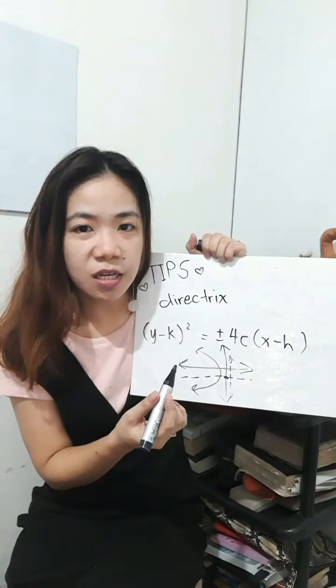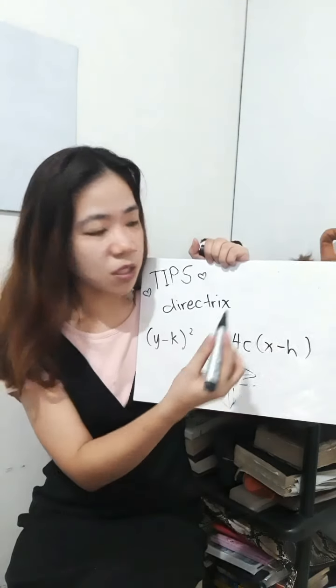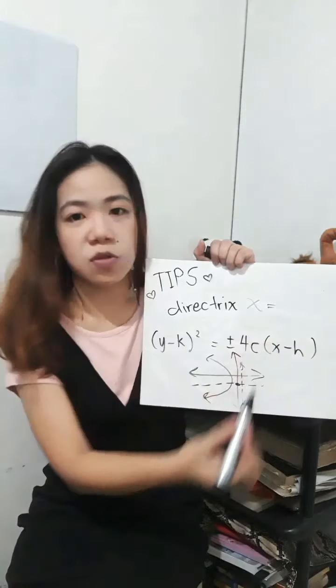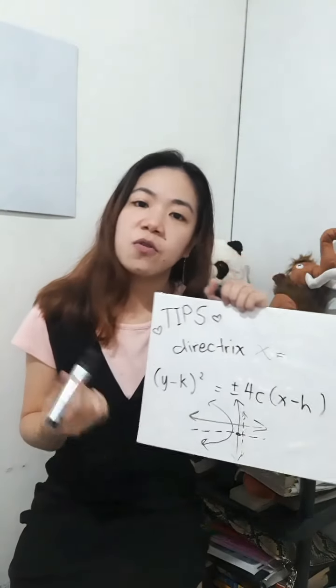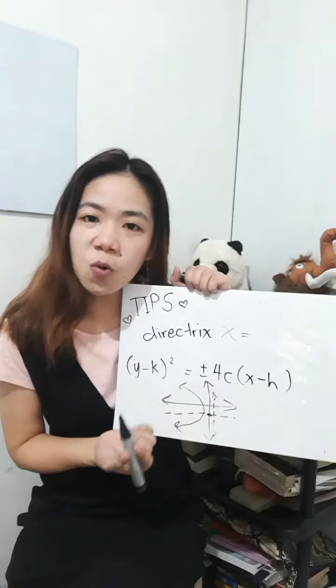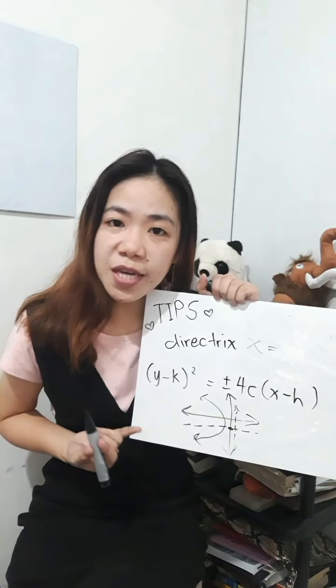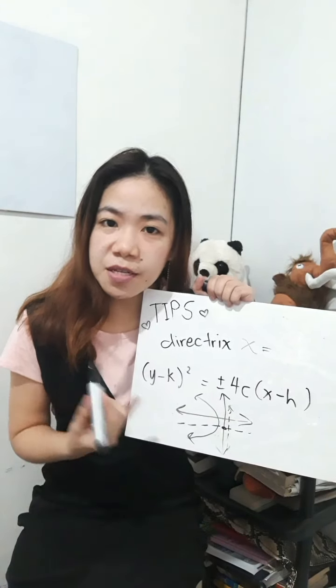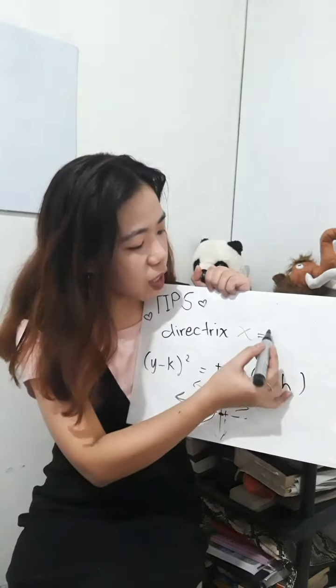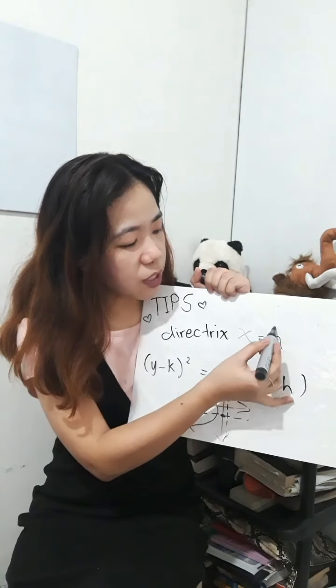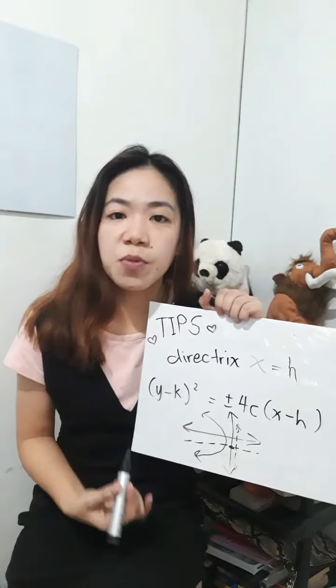That means to say, on the directrix, we'll use x equals for the graph opening to the left or to the right. Okay, x equals what? A while ago we used k because k is the y-coordinate. This time we'll use h because h is the x-coordinate of the vertex of the parabola.